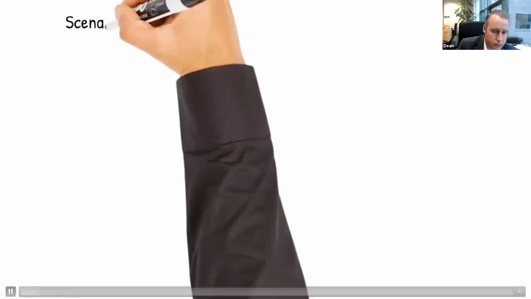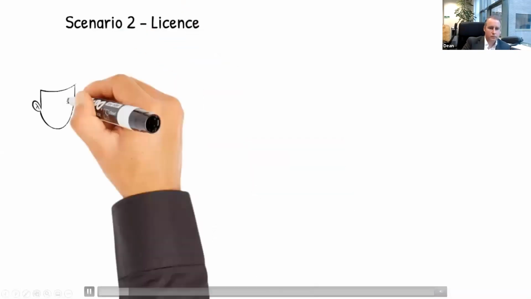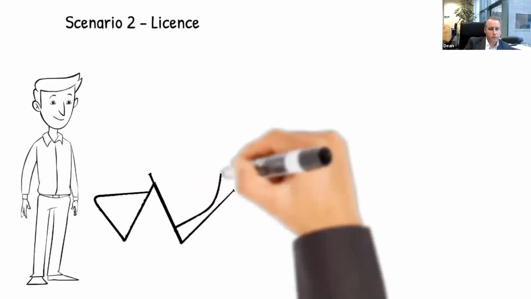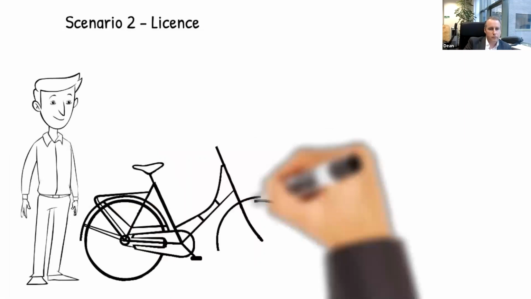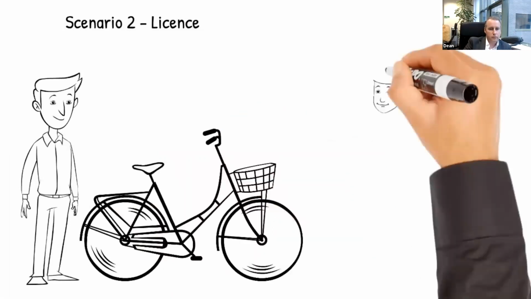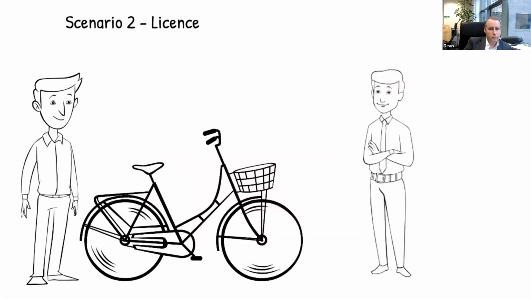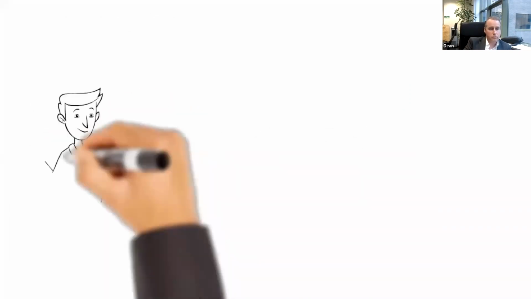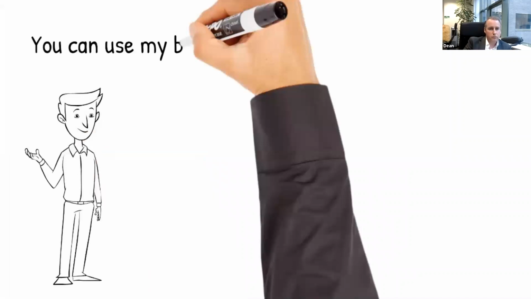Sorry now. The next scenario describes a license. John owns a beautiful bike. Paul wishes he had such a beautiful bike, but he knows that he could never really afford one. As a solution, John suggests that Paul can use his bike for 1 week for €10.